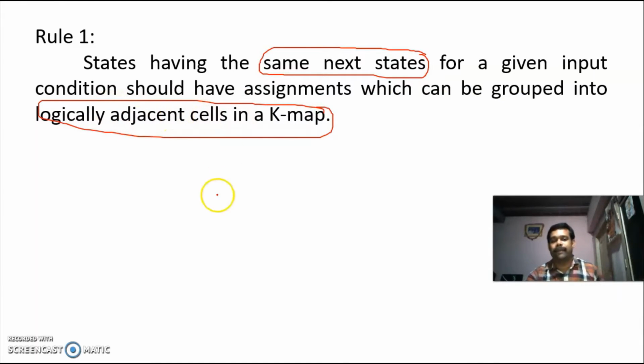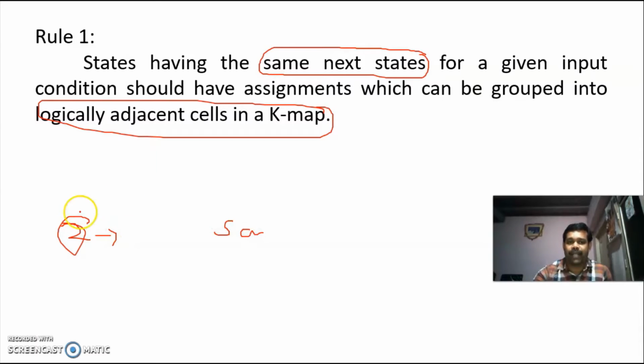You consider two states having the same next state. If two states have the same next state, then those two states have to be in logically adjacent cells in the K-map.